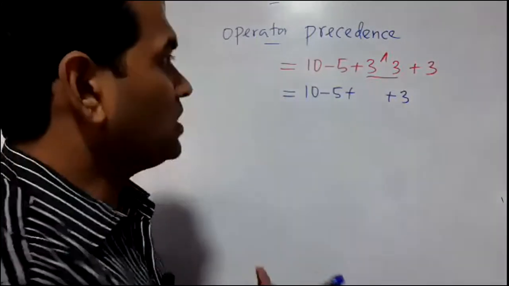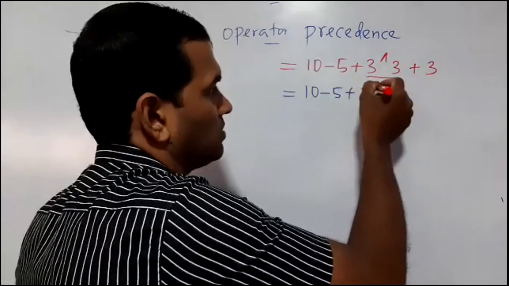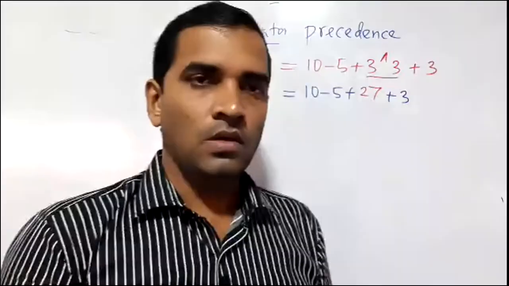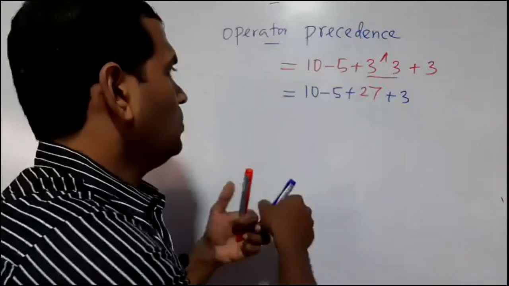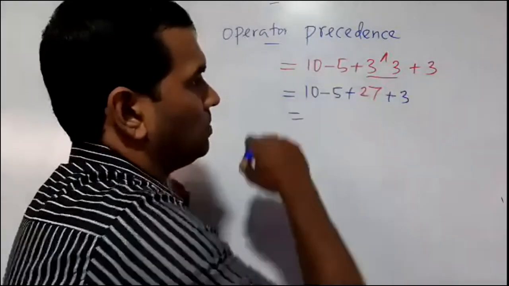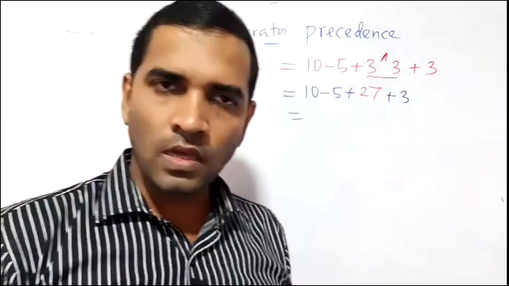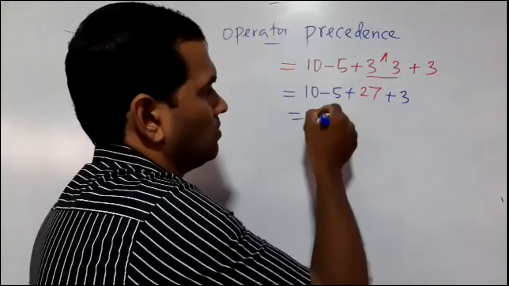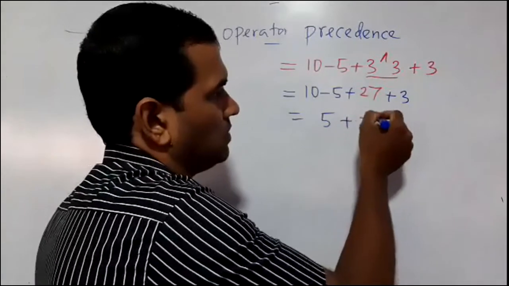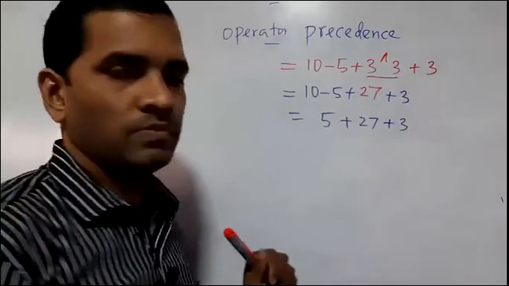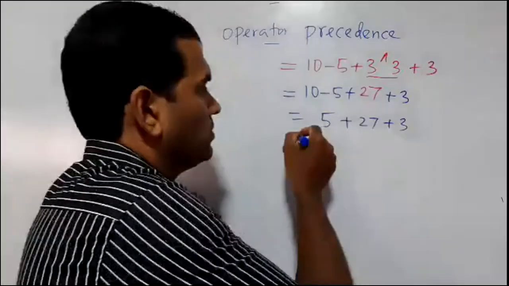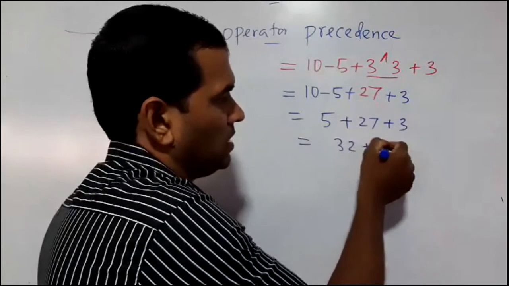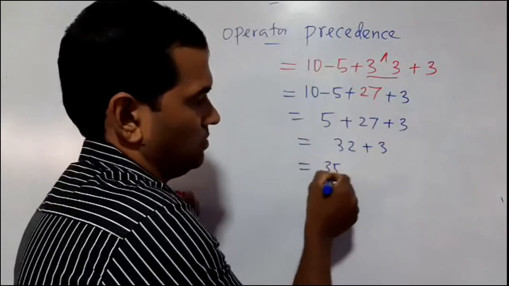Right, it's 2 to the power 3, so it must be 27. Right? So here you have two operators with equal priority. So do that, right? 10 minus 5 is 5, plus 27, plus 2. Okay. So this has to be plus again. 32 plus 3, it is 35.